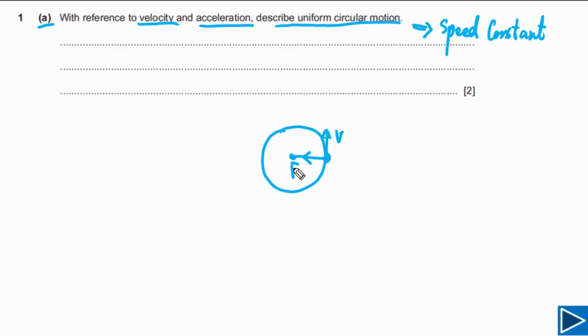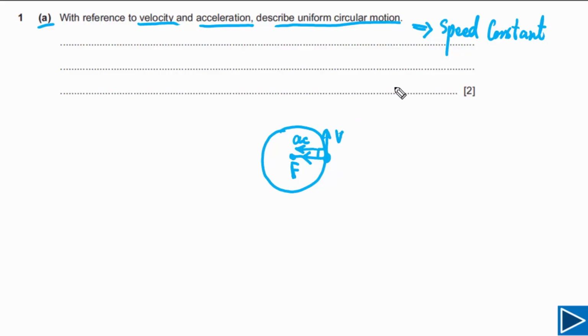Let's say this is force F, and the direction of acceleration is always the same as the direction of the resultant force. So this is the direction of net acceleration, and in this case it is centripetal acceleration. Now if you look at force and velocity, the angle between them is 90 degrees, and the angle between v and acceleration is also 90 degrees.